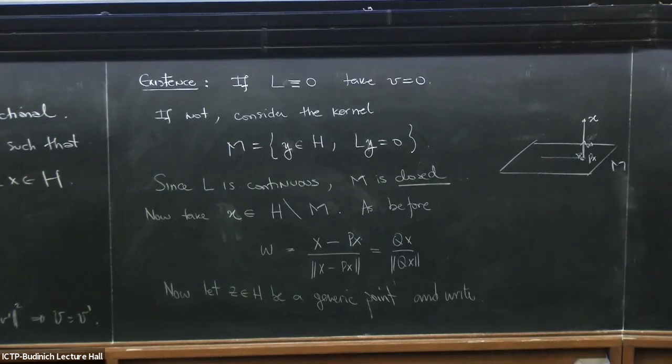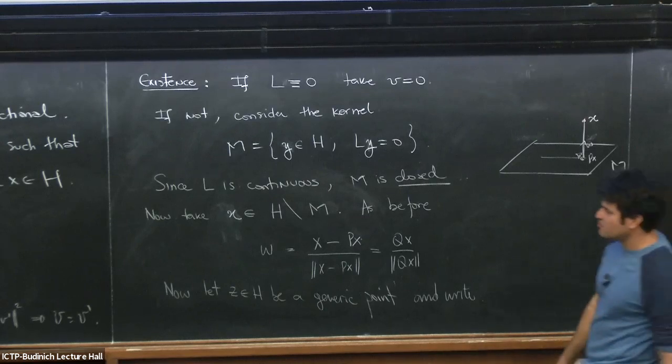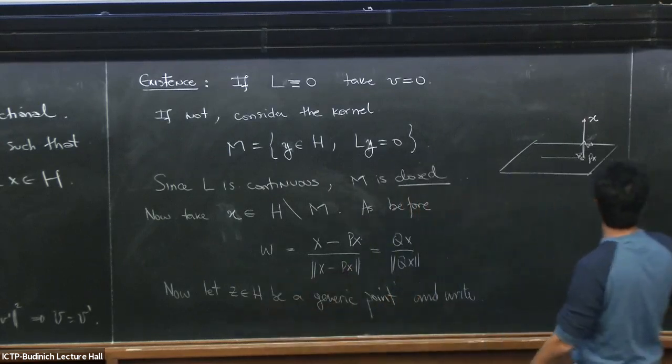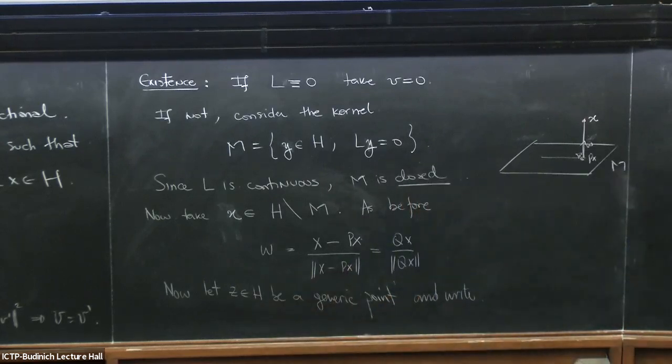Let's put it L of W times Z minus L of Z times W. Take a Z, any point in the Hilbert space, and define this U being like this. So this is another point in the Hilbert space, right? It's just a number times this Z minus a number times this W.